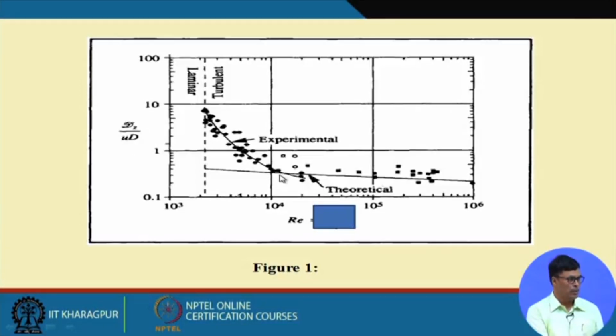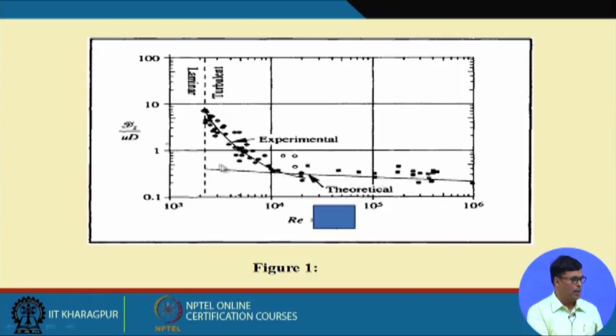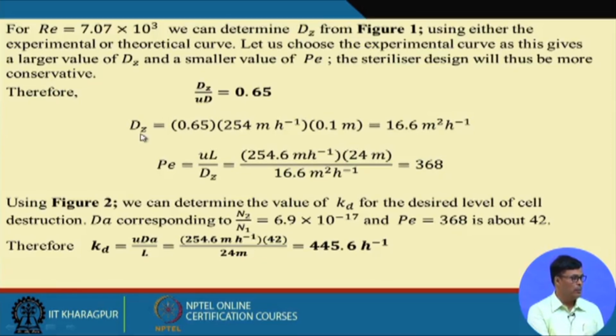So if you know the Reynolds number, you can find the corresponding value. If the Reynolds number is 7.07 x 10^3, we can determine the dz value from this figure, somewhere here, and the dz value comes out to about 16.6 square meter per hour.